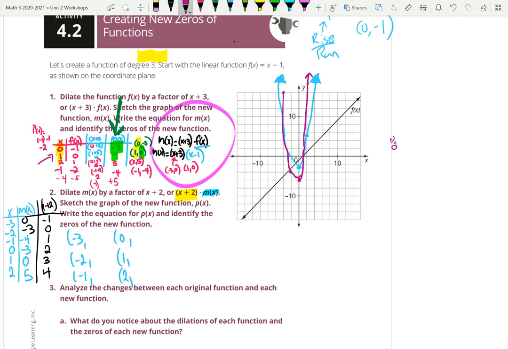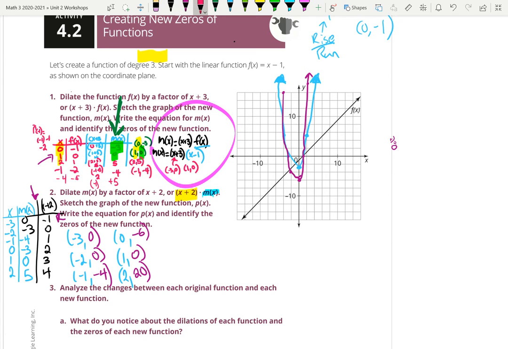I'm multiplying m of x times x plus 2. 0 times -1 is a product of 0. -3 times 0 is 0. -4 times 1. -3 times 2. 0 times 3. 5 times 4.